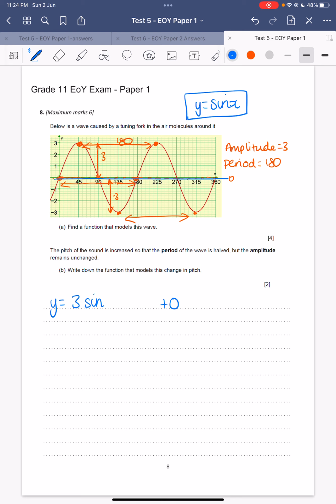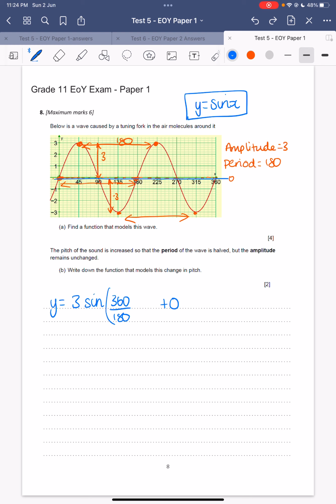But we also need to use the wavelength. This graph has a wavelength of 180. Normally the sine curve has a wavelength of 360, so ours is going twice as fast. Therefore we need to alter the sine function with that, and that's done by doing 360 divided by the wavelength, which is 180.